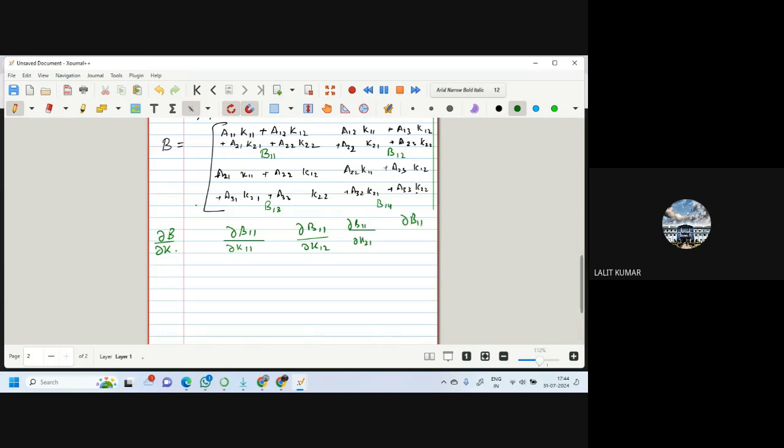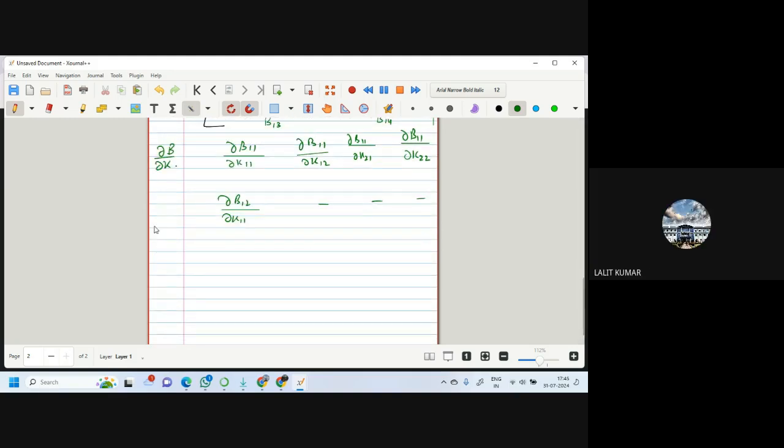Is this clear? Similarly, your del B12 will have 4 elements, third will have 4 elements, and fourth will have 4 elements.